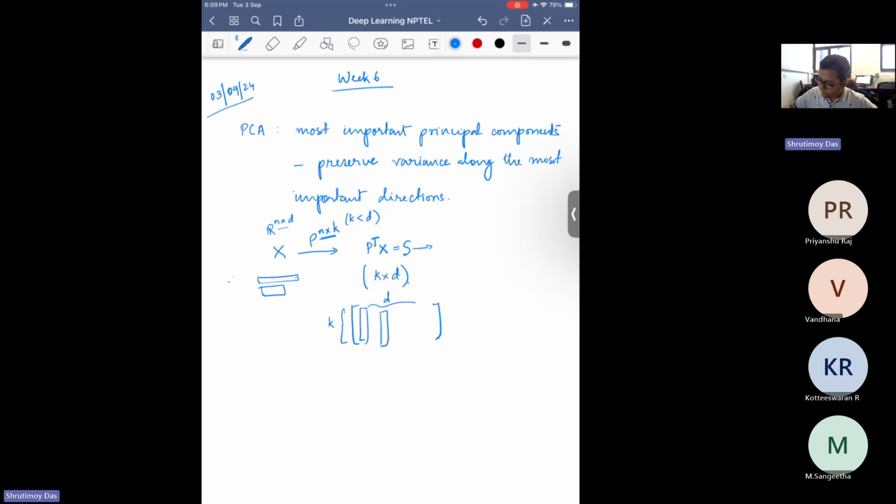And now if I do X S transpose, I get the N cross D and D cross K, so an N cross K matrix, right?